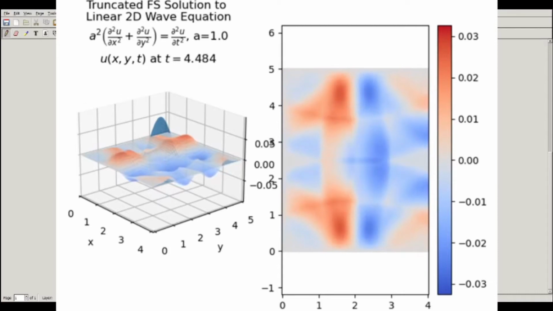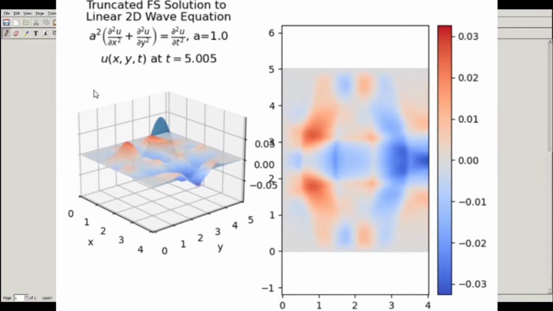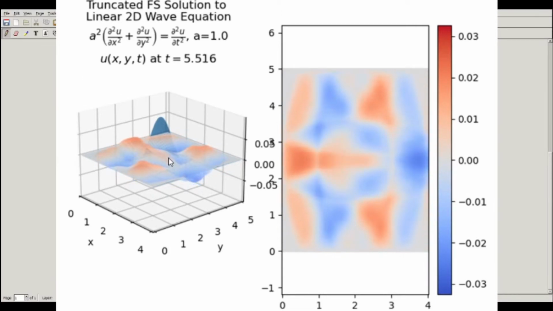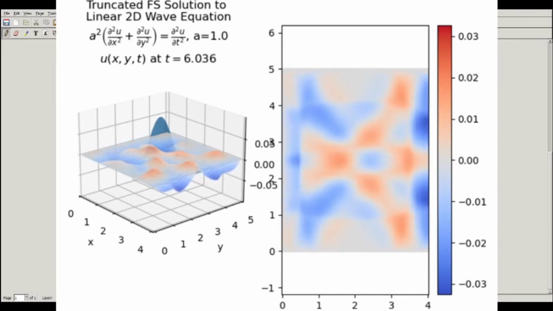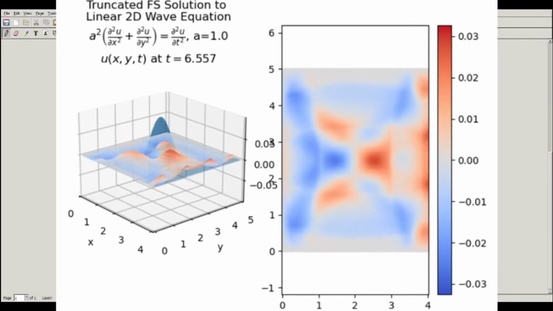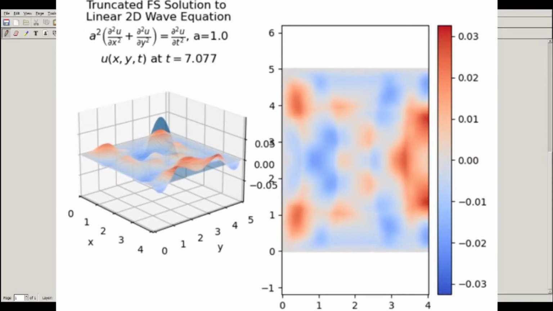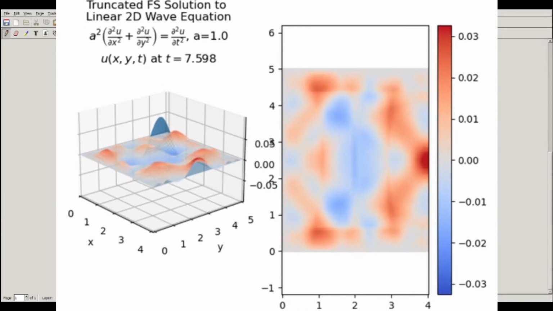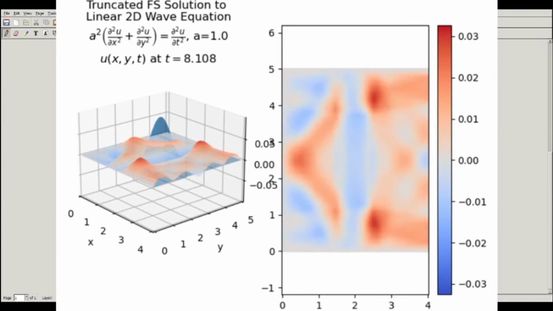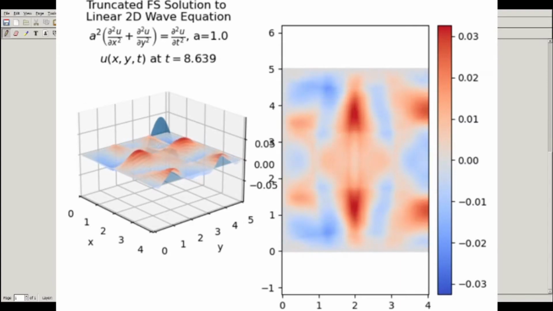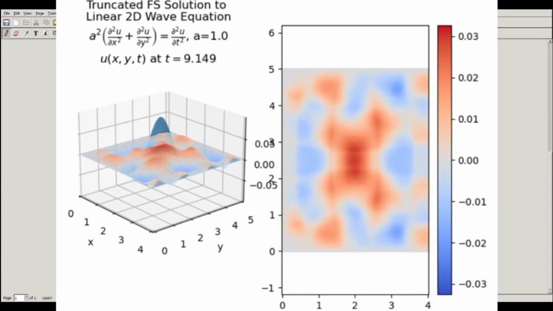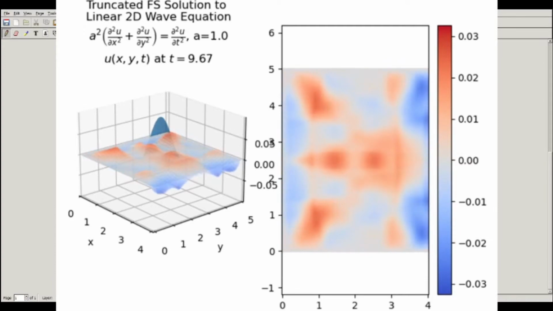On the left is what's called a plot of the graph of the displacement function u. On the right is just a visualization using what's called a density plot, which we'll define more in the next few lectures as we get into this. But this is very neat. This is the exact solution to the wave equation.